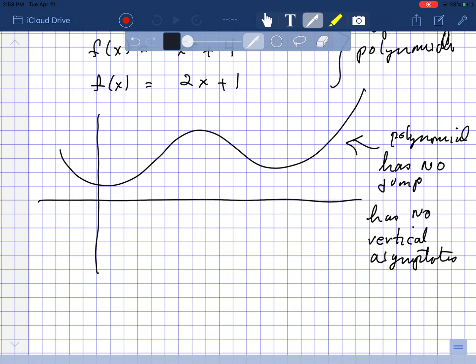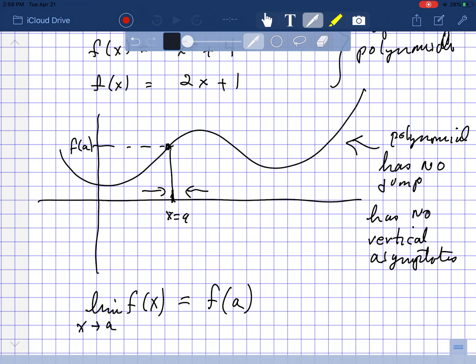So in this case, if I'm looking at the limit as x approaches a of f of x, where f of x now is a polynomial, this is simply equal to f of a. So as I approach the point x equal a, either from the left-hand side or the right-hand side, the values of f of x approach the value f of a.